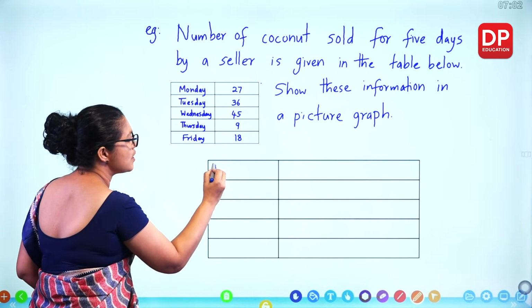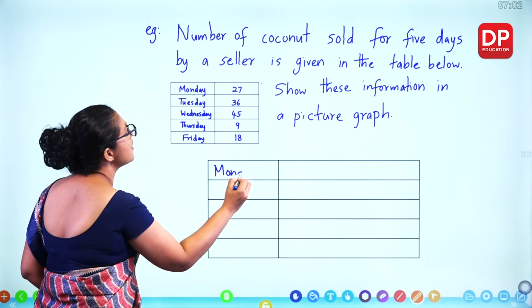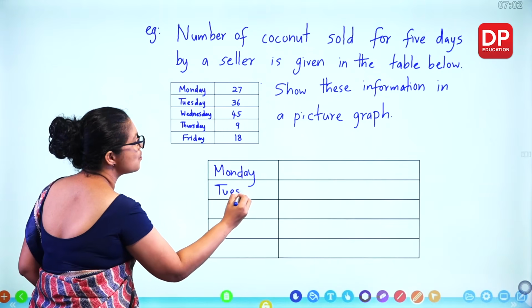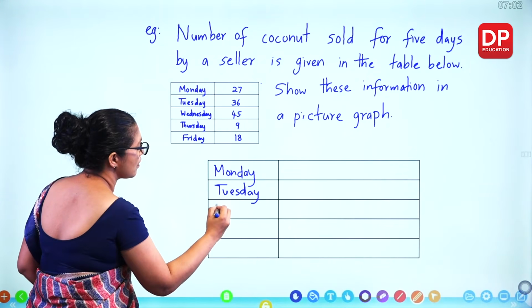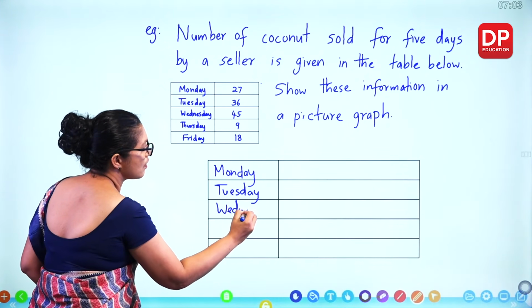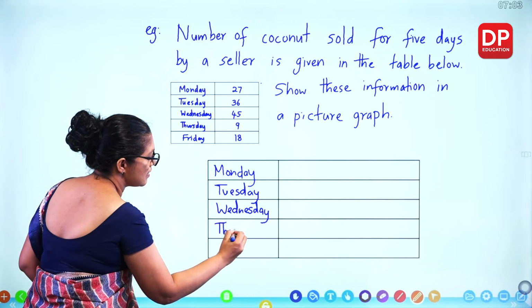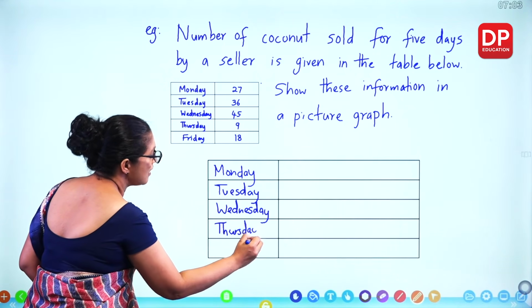So here in the picture graph, you have to first write down what are the categories. So Monday, Tuesday, Wednesday, Thursday, Friday.